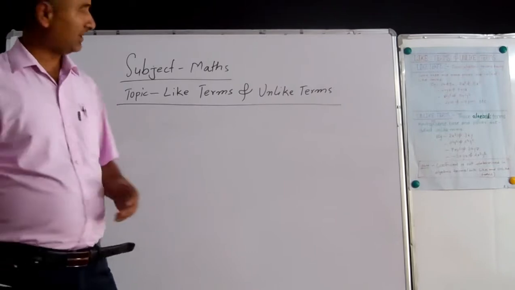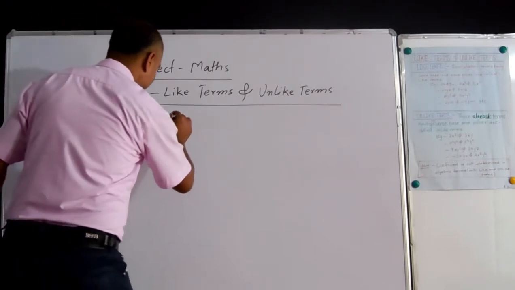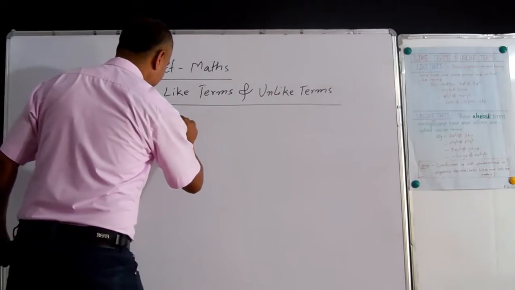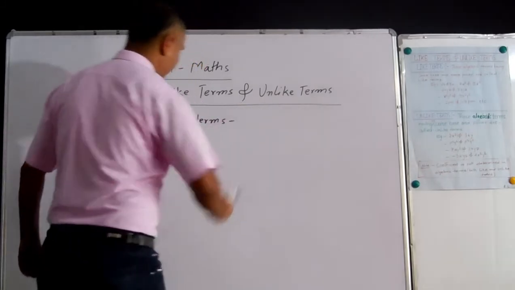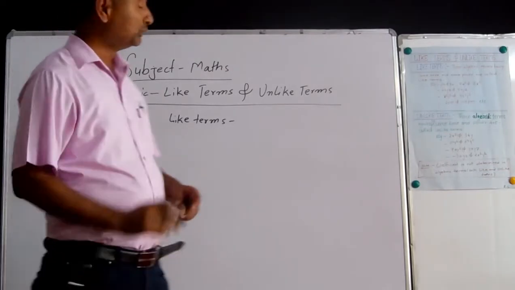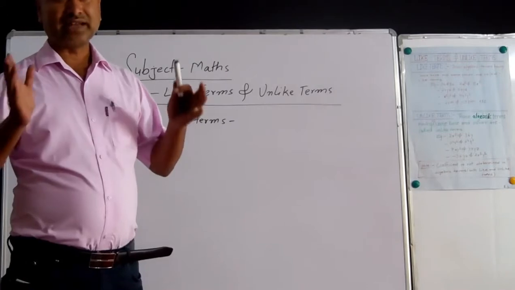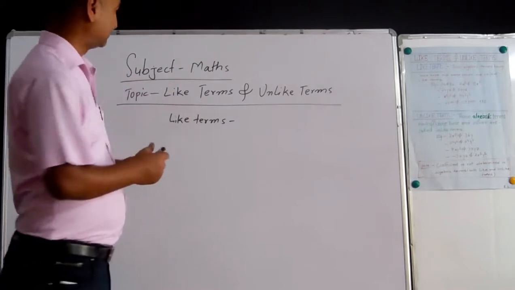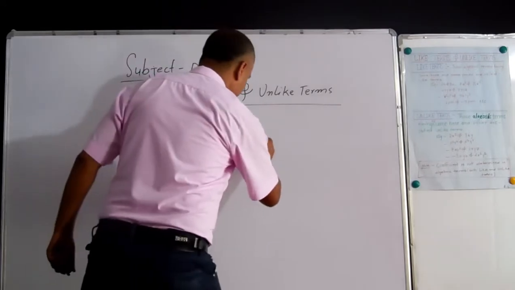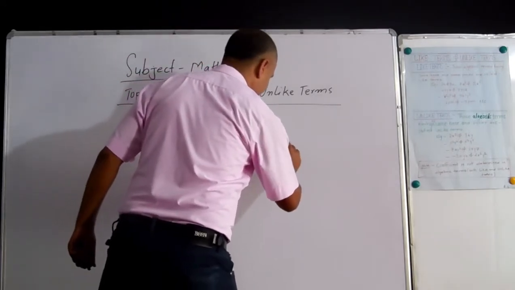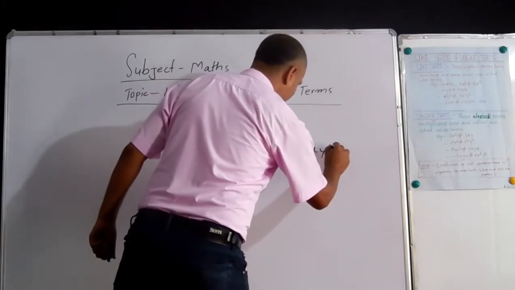First, I would like to talk about like terms. Now, how can you say the algebraic expressions are like? I am writing here the first example: 2xy and 3xy plus 1.